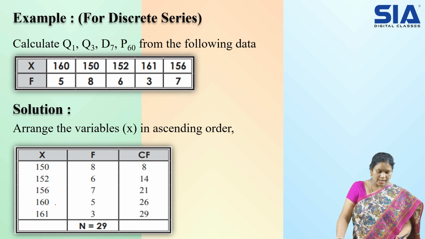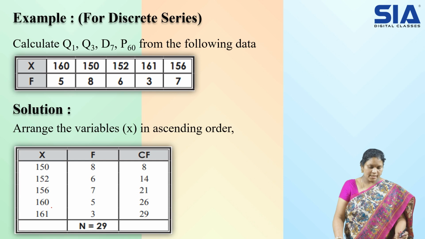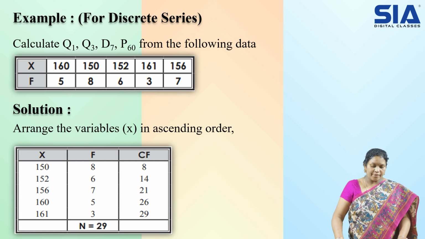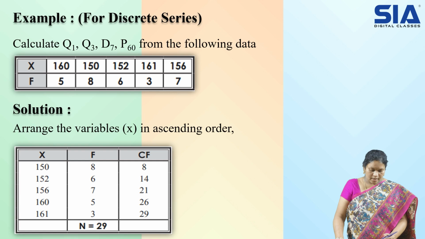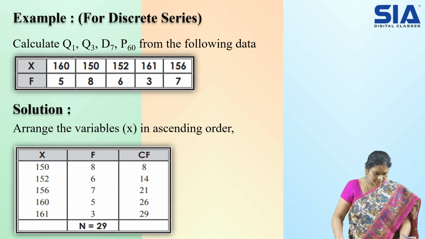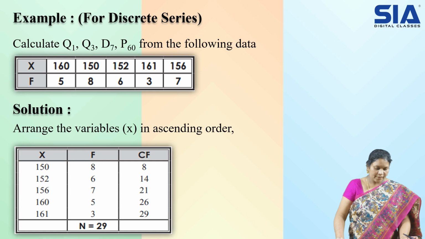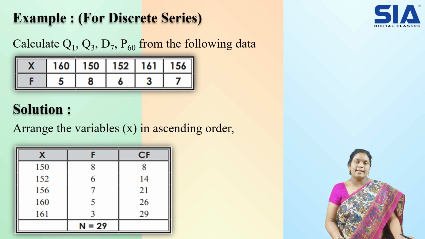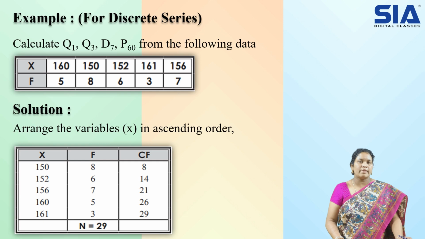So let us discuss how quartiles and deciles we can obtain for discrete series. First of all, we have to arrange the data in cumulative frequencies. So we have to obtain the cumulative frequencies data first. Before that, we need to arrange the data in ascending order, just like individual data we have arranged, right?